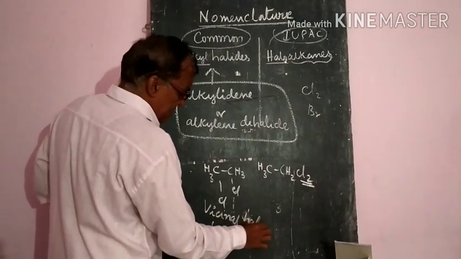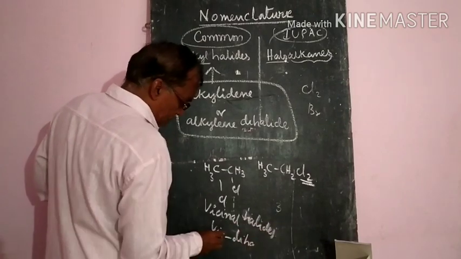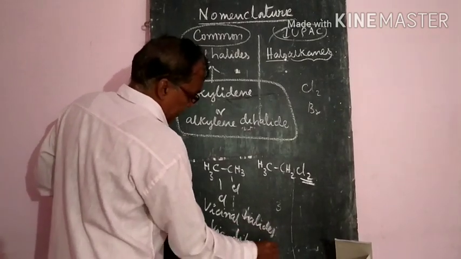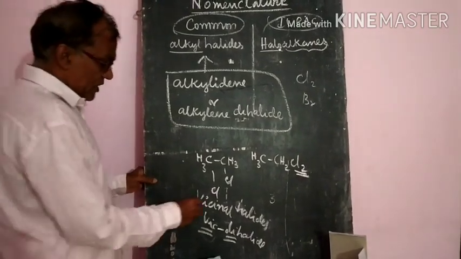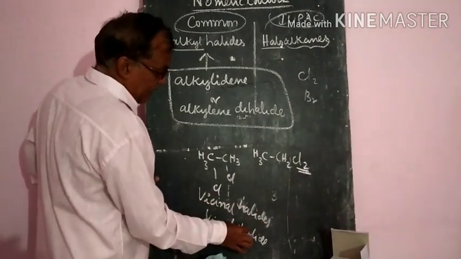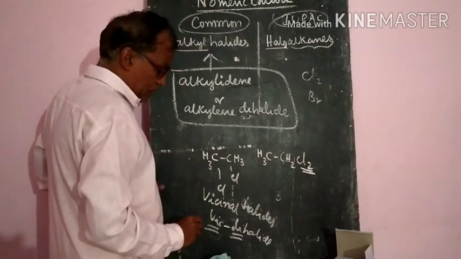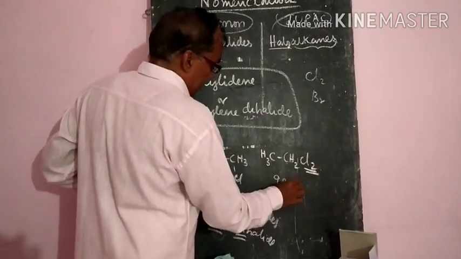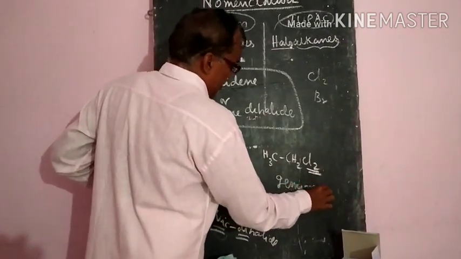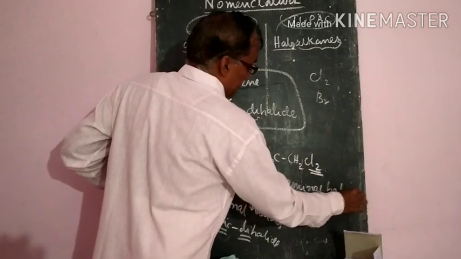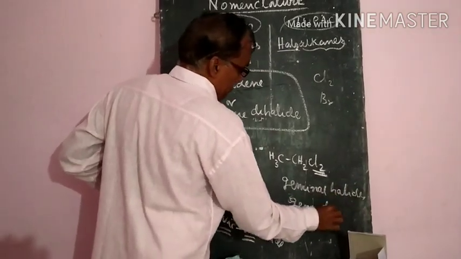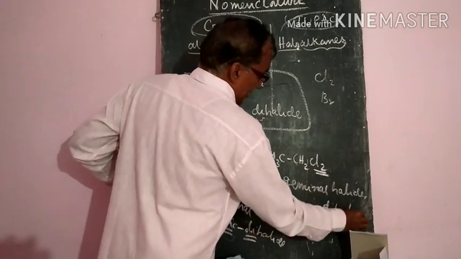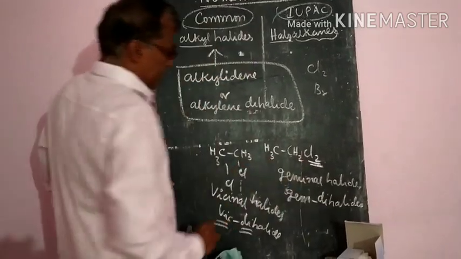Here we will call them vicinal halides or vic dihalides; 'di' we use when we use the short form vic. If they are at the same carbon atom, they are called geminal halides or gem dihalides. So they are like this, and we will give the nomenclature.